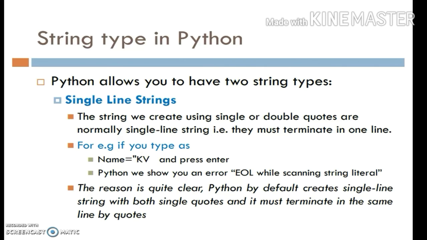That is, when you put any word or any number in quotes, you have to terminate it in the same line. See here, name is equal to KV. Here we have one double quote, but here no closing double quote. So when you type a name like this, you will get an error message: EOL while scanning string literal. EOL means end of line.